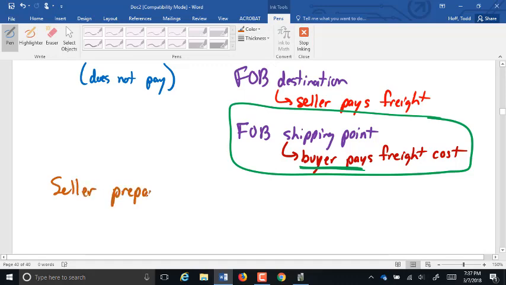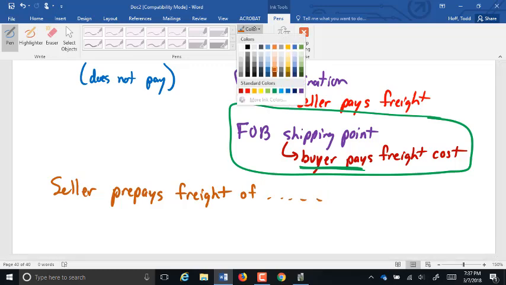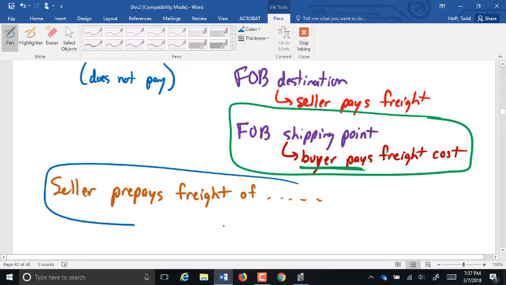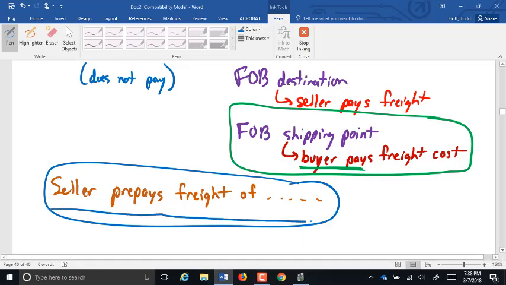the seller prepays freight or shipping costs. When we see that phrase, the seller prepays or seller prepaid freight or shipping costs of a certain amount, that is saying that the buyer still has to pay the freight, but the shipping company wouldn't pick it up until the freight had been paid.